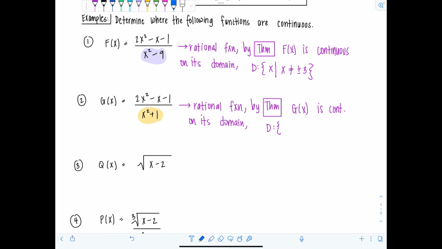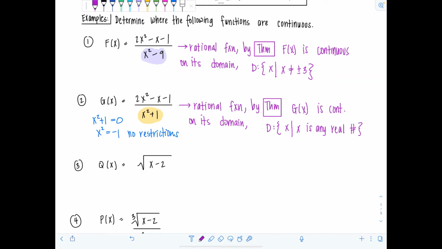But x squared plus 1 can't be 0, right? That would mean x squared has to equal -1, which does not have any real solutions. So that means there's no restrictions on the domain for g of x, which means the domain is all real numbers. So you could write x such that x is any real number.